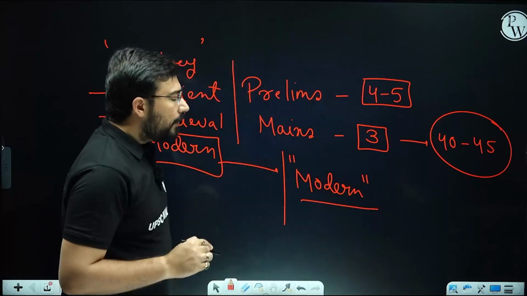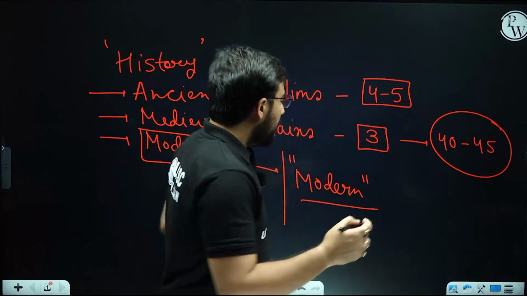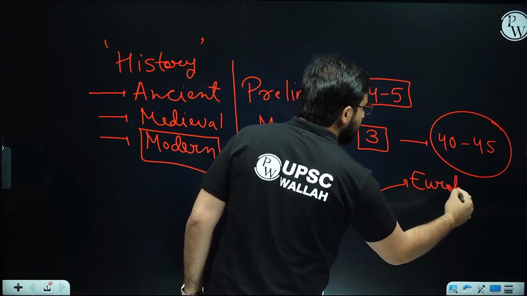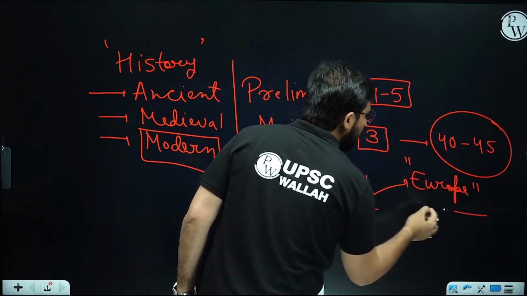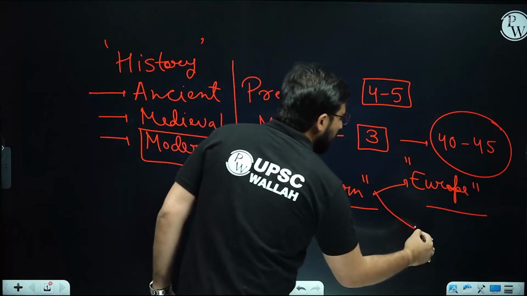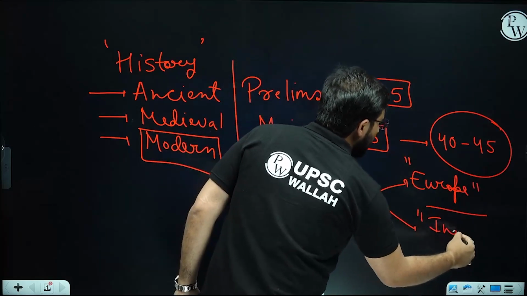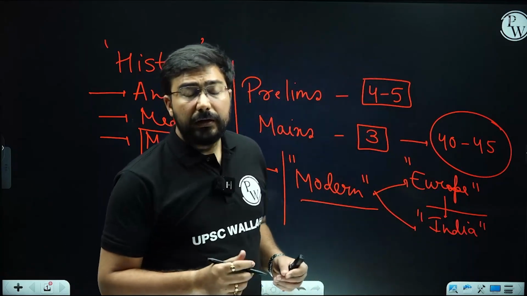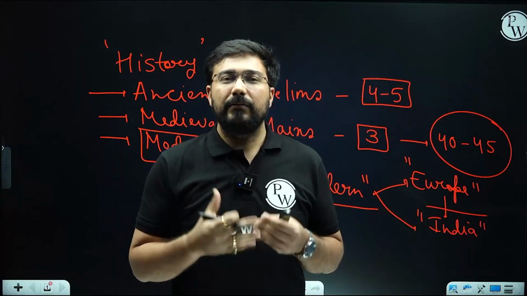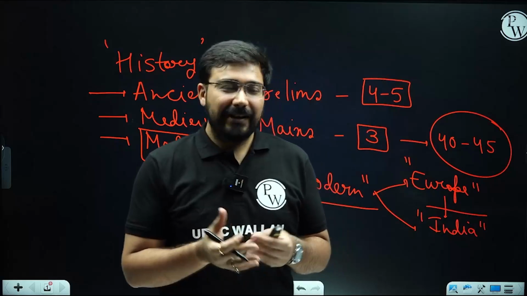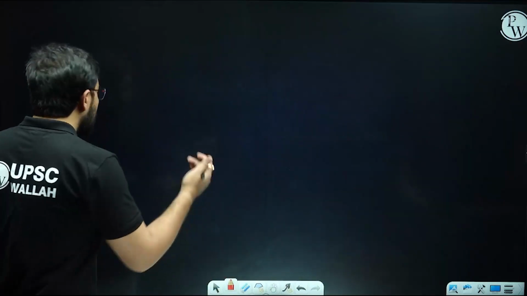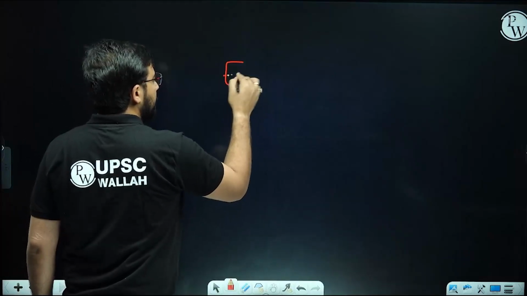When we talk about modern, Europe modernized a little bit earlier than us, and I'll tell you the process for that. Later on, these ideas also became prominent in India. But when we talk about how India became modern, the whole story again gets linked to the arrival of Europeans.